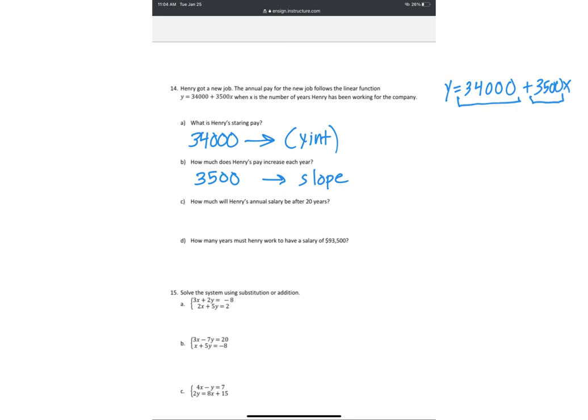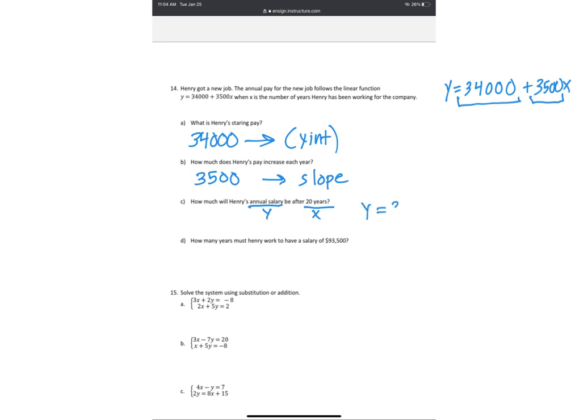Okay, so we have that equation. Now, how much will Henry's annual salary be after 20 years? Well, the 20 years, that's our time or our x. So we know that x is going to be 20. Our annual salary is our y value. So we're trying to find our y.